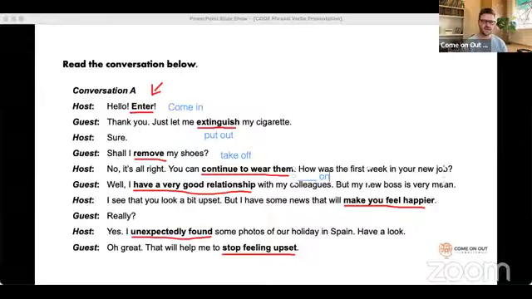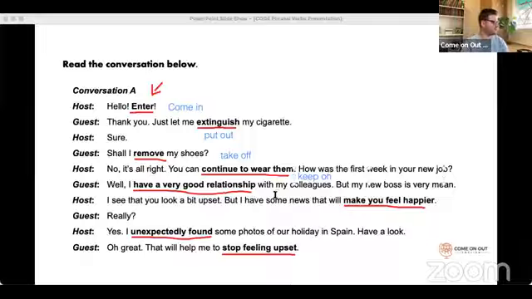What verb do you think we can use that has the same meaning as continue to wear them? What do you think? Okay, we can use the verb keep. Keep on. So we can say, you can keep them on. It's a lot shorter than you can continue to wear them. You can just say, you can keep them on.